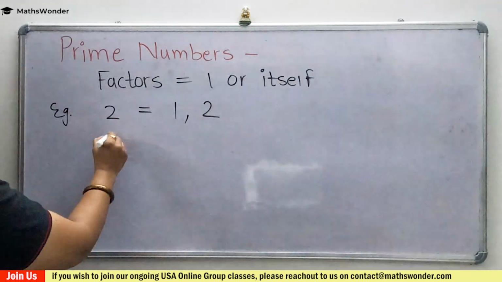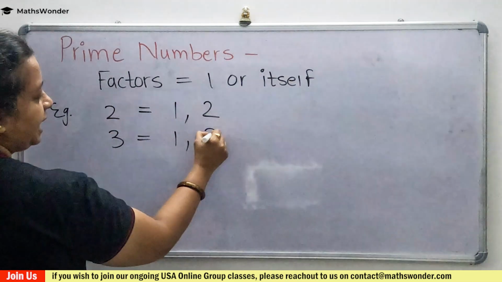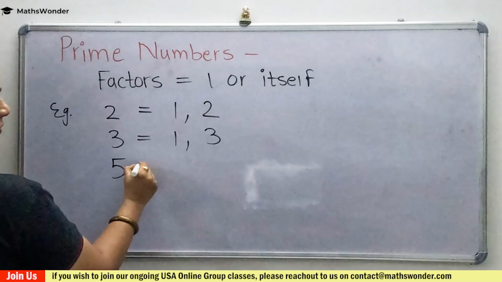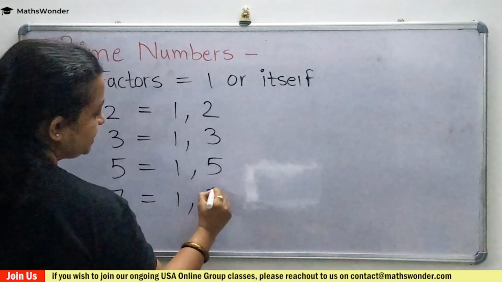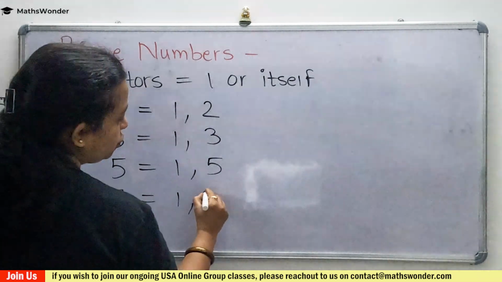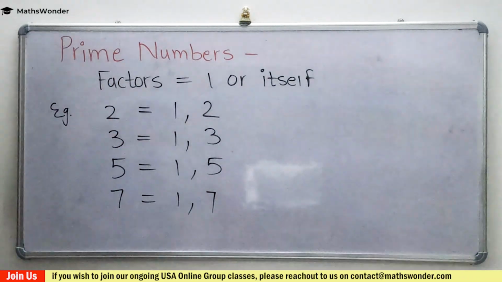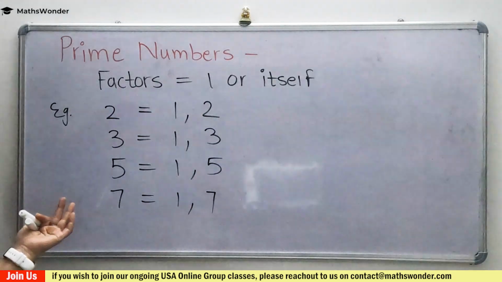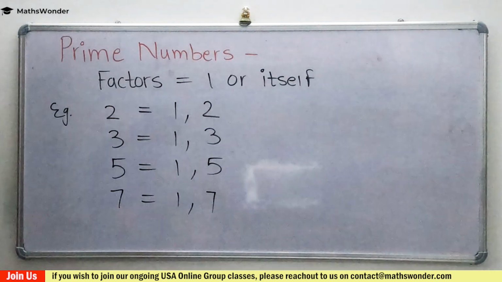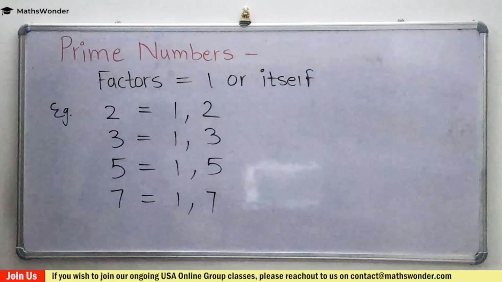For 3, we have 1 and 3. For 5, we have 1 and 5. For 7, we have 1 and 7. So the definition of prime numbers is a number other than 1 which has exactly 2 factors. Okay?